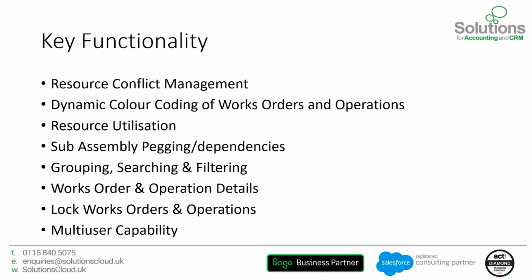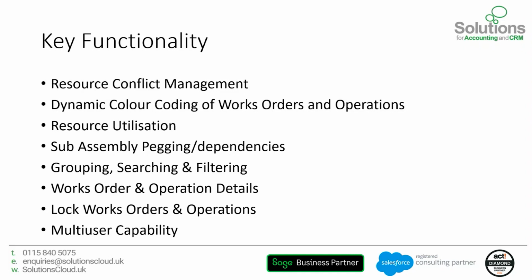Within the graphical scheduler, both operations and potentially subassembly works orders that are linked to finished items works orders are pegged together. And what that means is that if we are dragging and dropping when an operation or a sub-assembly works order is going to finish, it will automatically move future operations or future works orders that are linked to that.